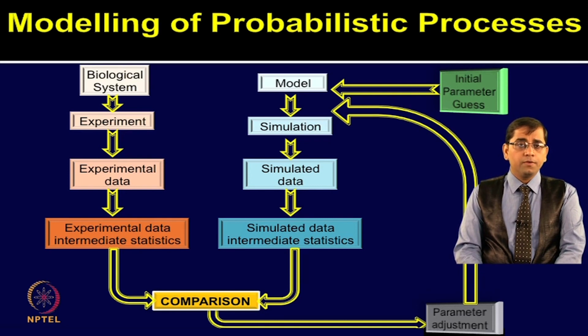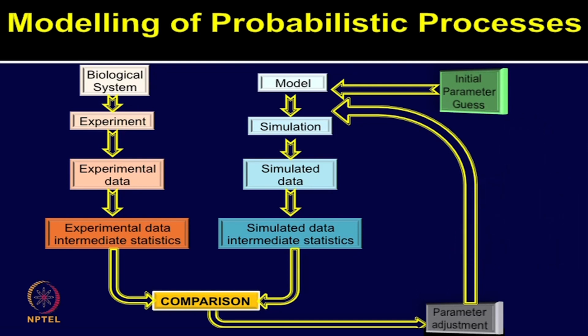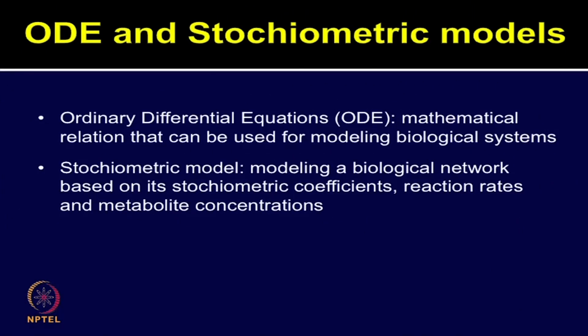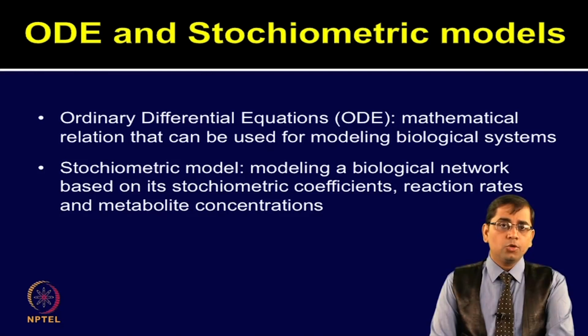Now, different types of models can be generated using simulations and simulation data sets, which can be used for intermediate statistics. By comparing these two types of information and adjusting the parameters, one can study the systems and derive probabilistic processes.